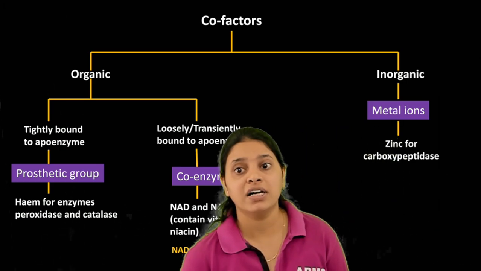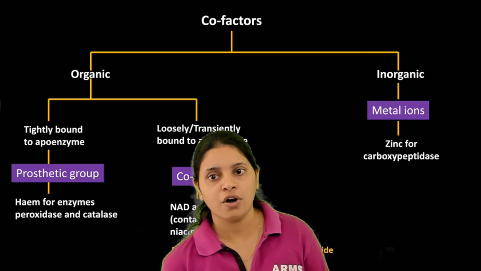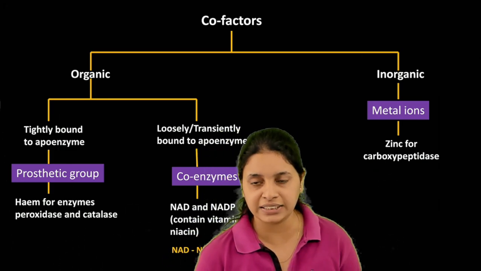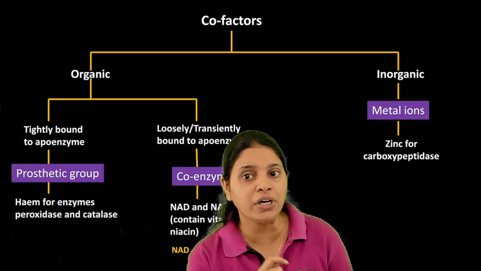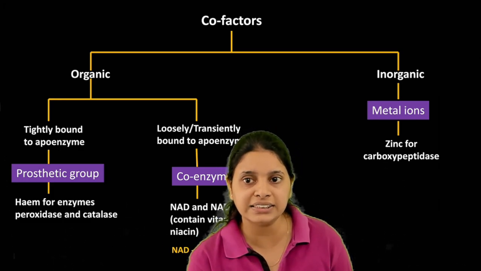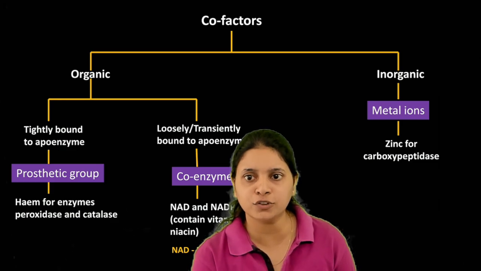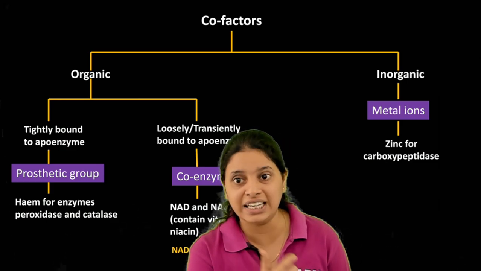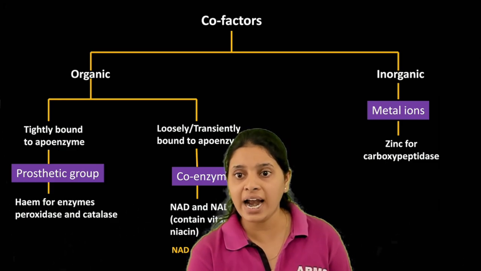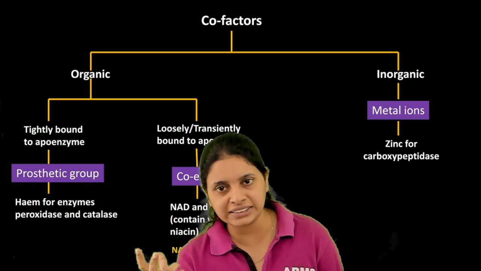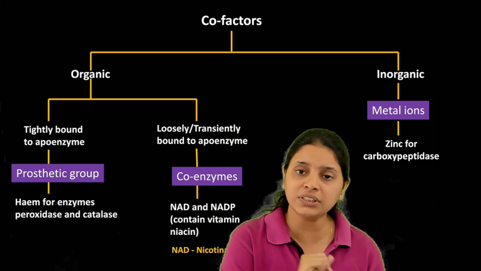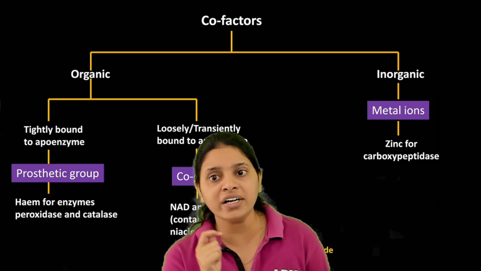Example, we have zinc as a cofactor for carboxypeptidase enzyme. Carboxypeptidase is a protein digesting, that means proteolytic enzyme, and for this enzyme to act, it needs to be associated with zinc. Zinc is the cofactor here, and zinc actually connects both to the main enzyme, apoenzyme part, and also to the substrate with the help of coordination bonds.